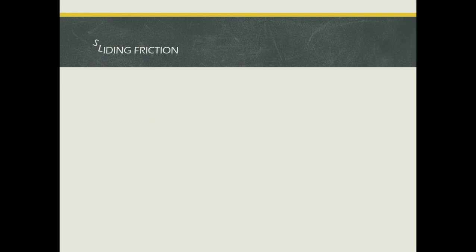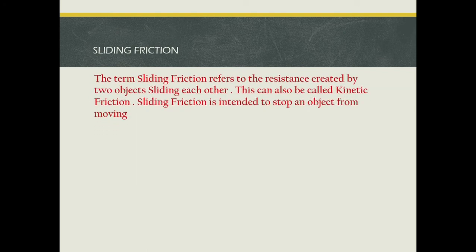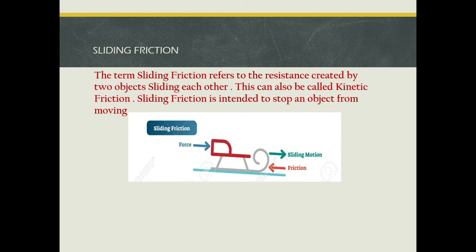Sliding friction is going to come into picture when an object slides over the other. So imagine this particular surface here is slanted, you can see. So what happens is this particular object is going to slide down. So one is not really pushing or pulling there.